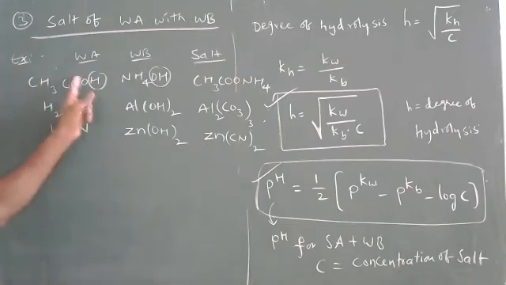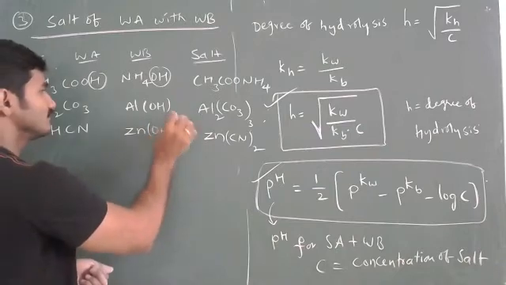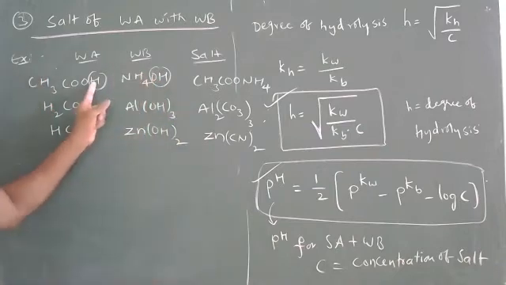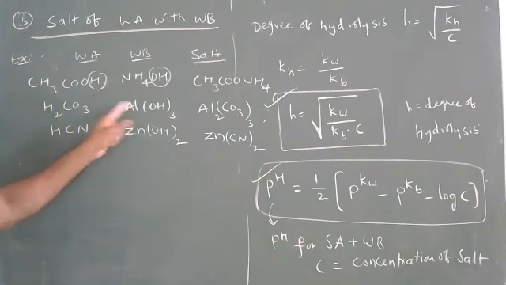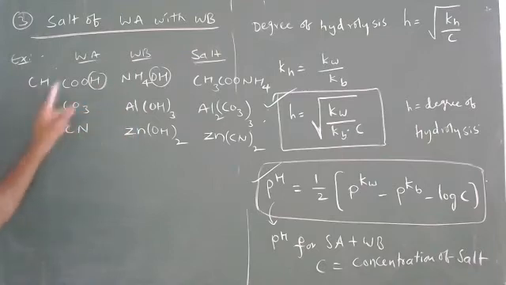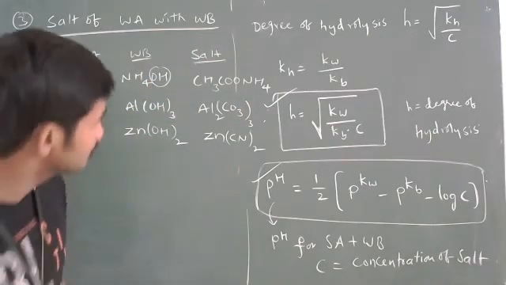Not only this, you can take acetic acid with aluminum hydroxide 3, acetic acid with zinc hydroxide, aluminum hydroxide with HCN, aluminum hydroxide with acetic acid. Any combinations you can take, different types of examples.